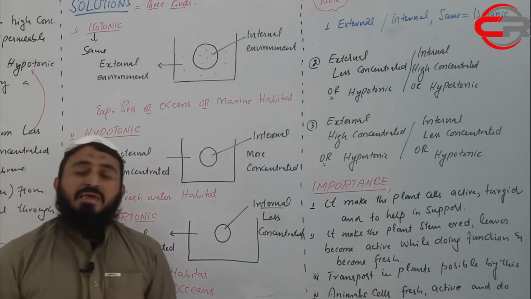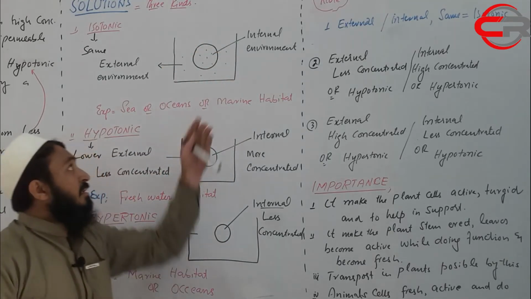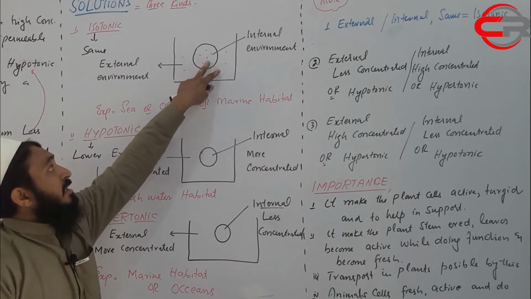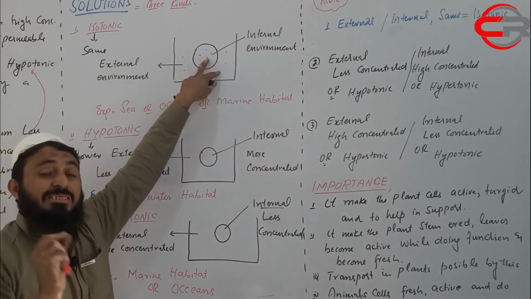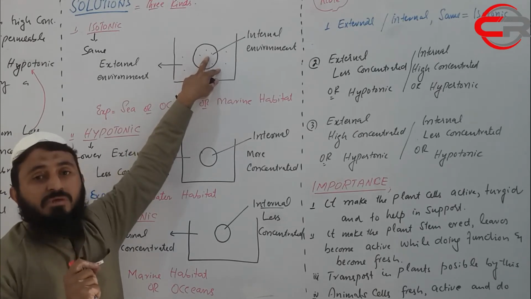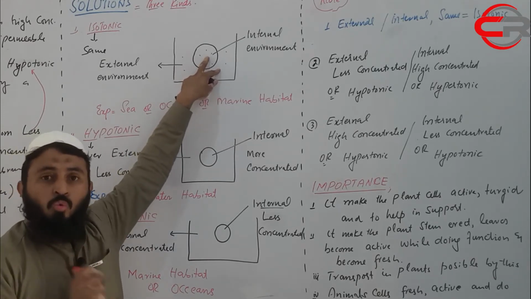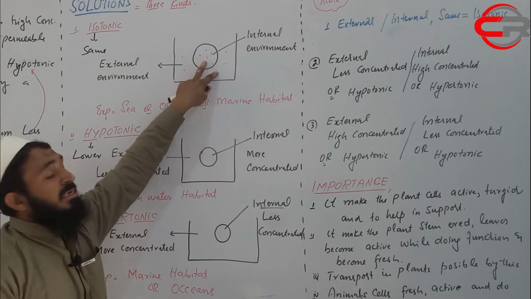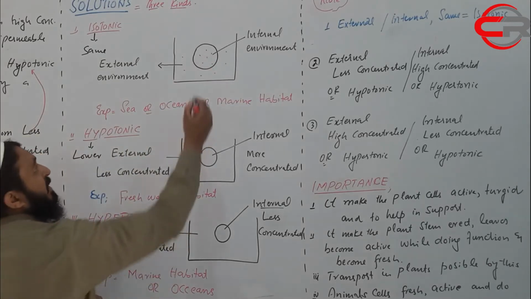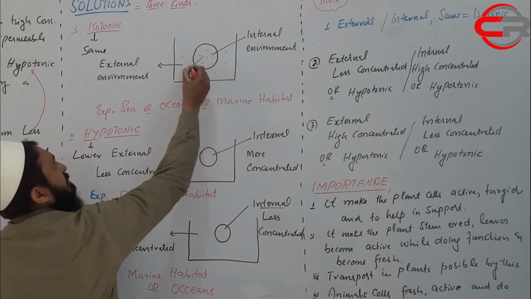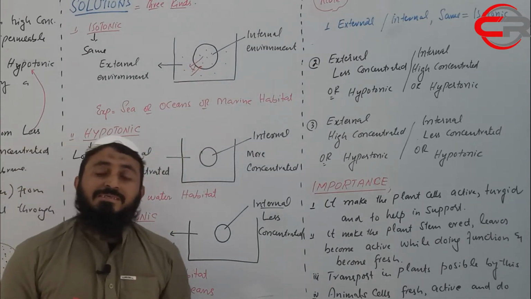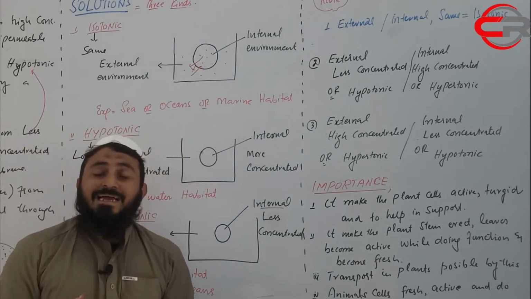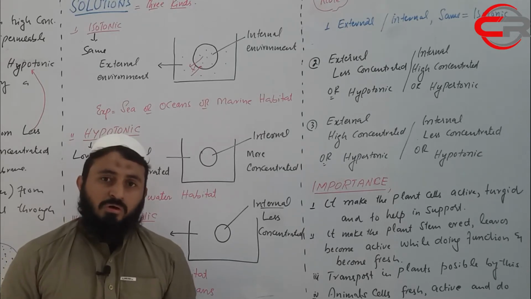So here we can see that the external and internal environments are the same because both have the same amount and the same number of solute particles inside their water. If the environment is the same, no substance will enter and no substance will go out. So here the environment is totally the same. We can say that this kind of environment is called an isotonic environment.